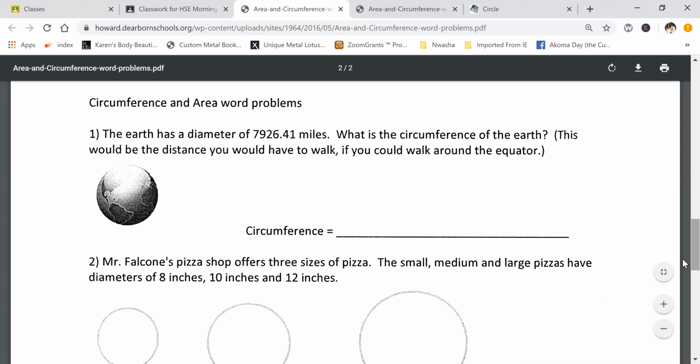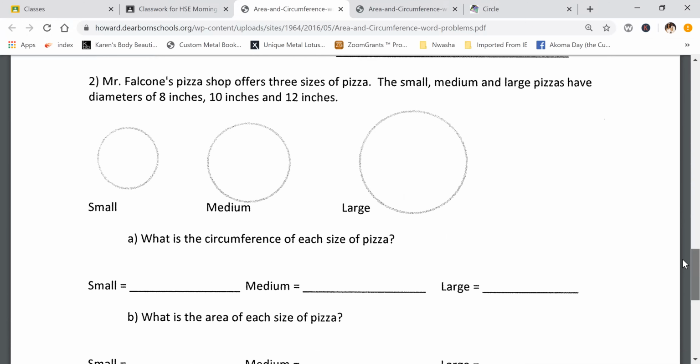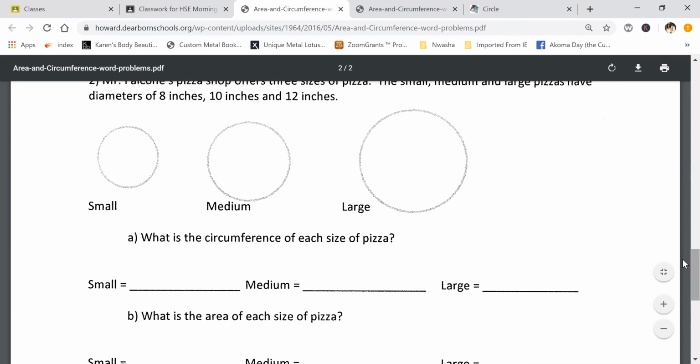Any questions about number one? All right, so now number two. This one, you're doing both: the circumference for each size of pizza and the area for each size of pizza. For the small pizza, it's saying that the diameter of the small pizza is 8 inches.